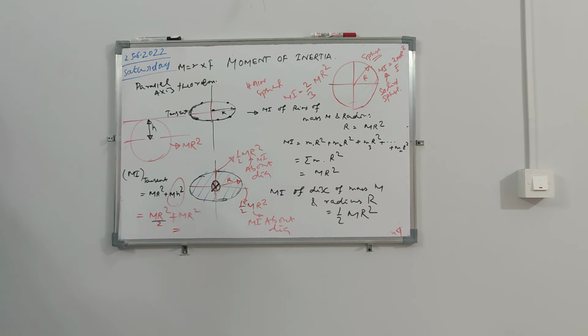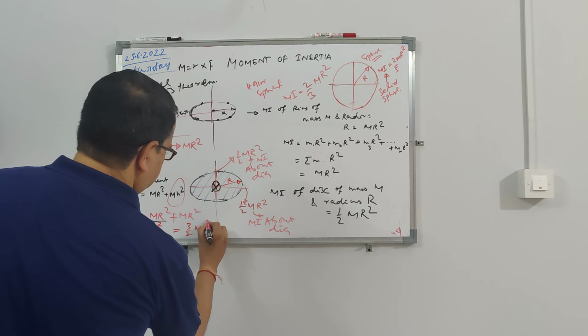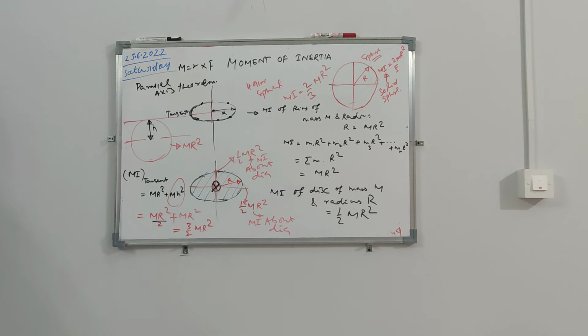3 by 2 mr square. So for the disk it is half mr square plus mr square, that is your parallel axis theorem.